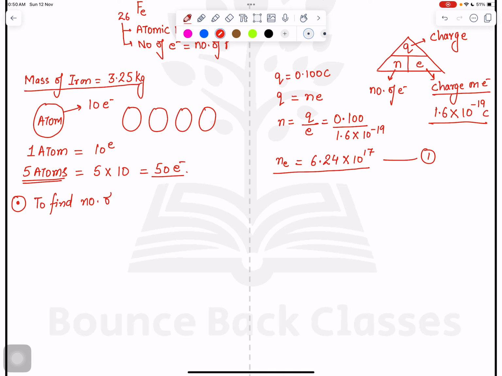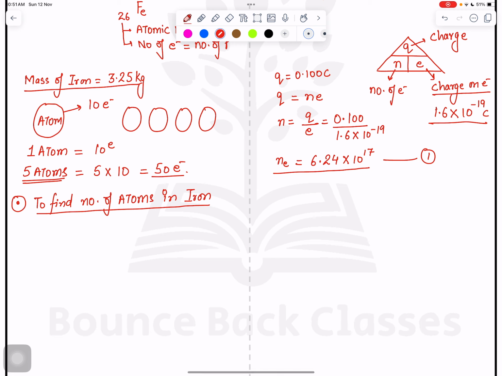If we know the number of atoms, then we can find the number of electrons, and if we can find the number of electrons, then we can find the ratio. To find the number of atoms in iron is very easy.